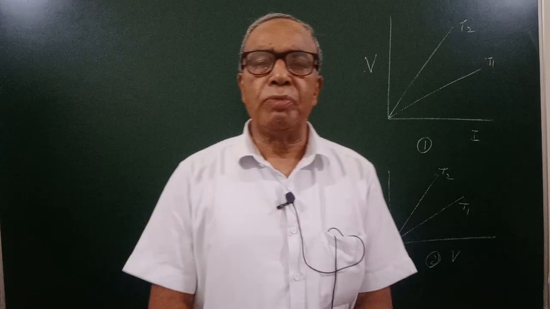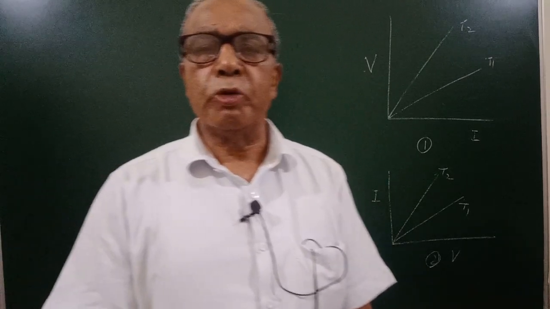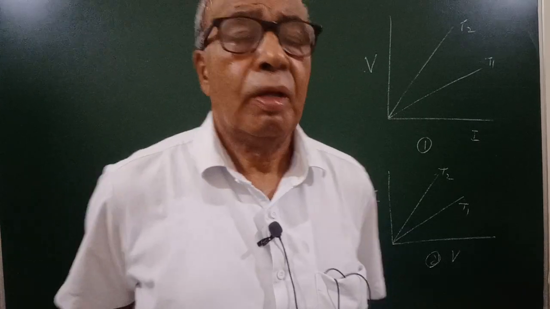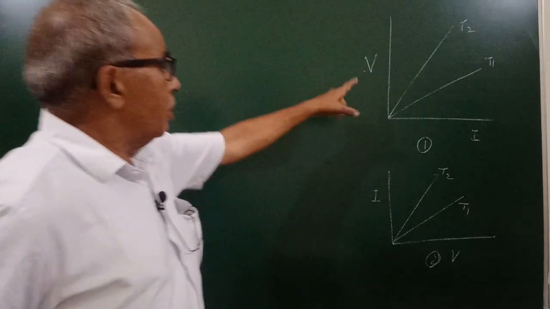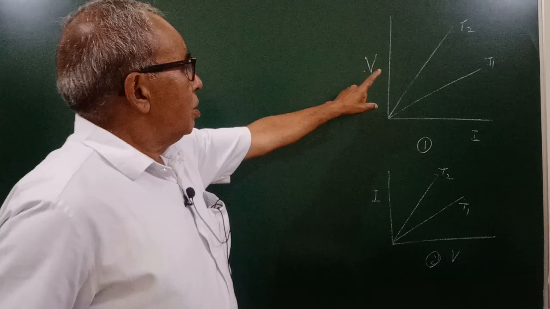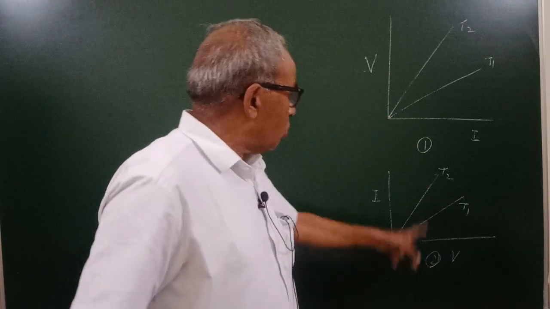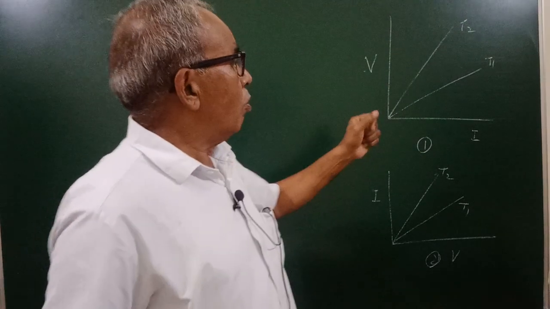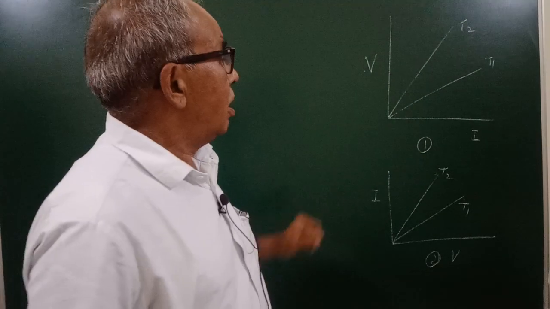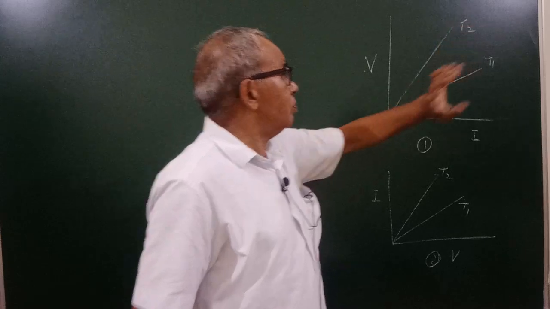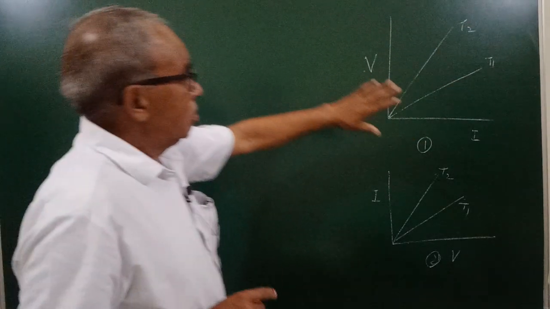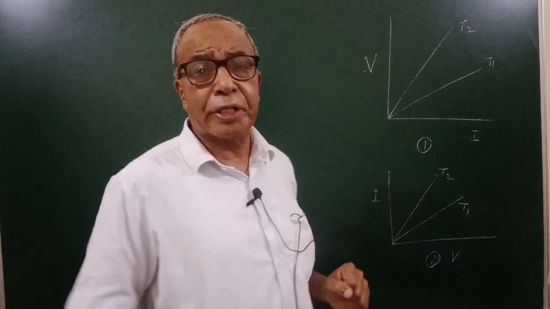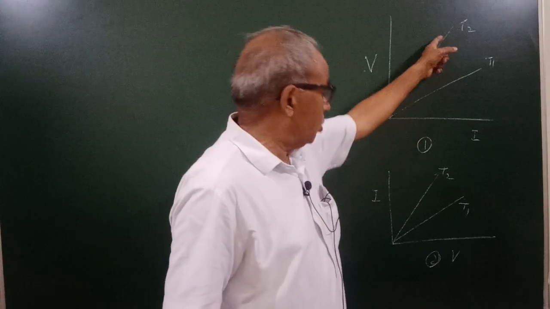Well, dear students, in this video, I will be doing some questions based on current electricity, resistance, power, etc. Now, in question 1, figure 1 shows the IV graph for a given conductor at temperatures T1 and T2.